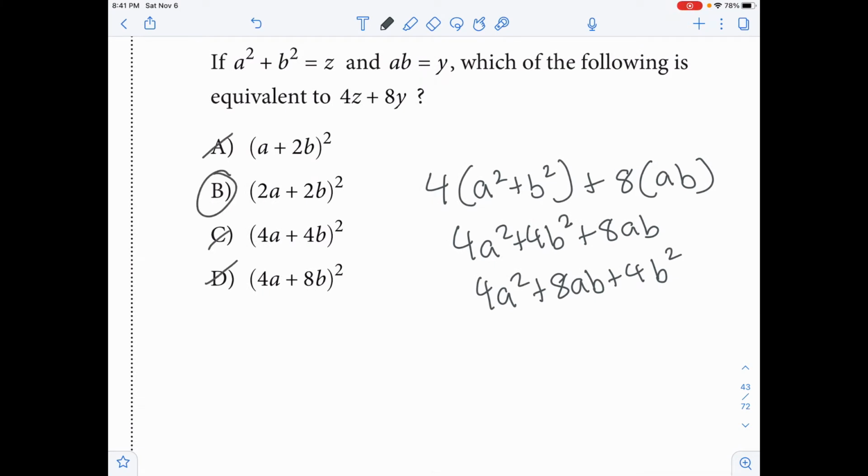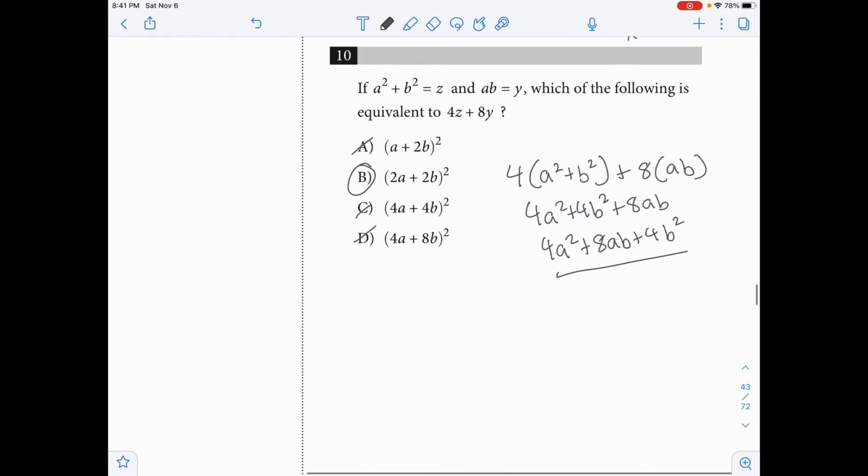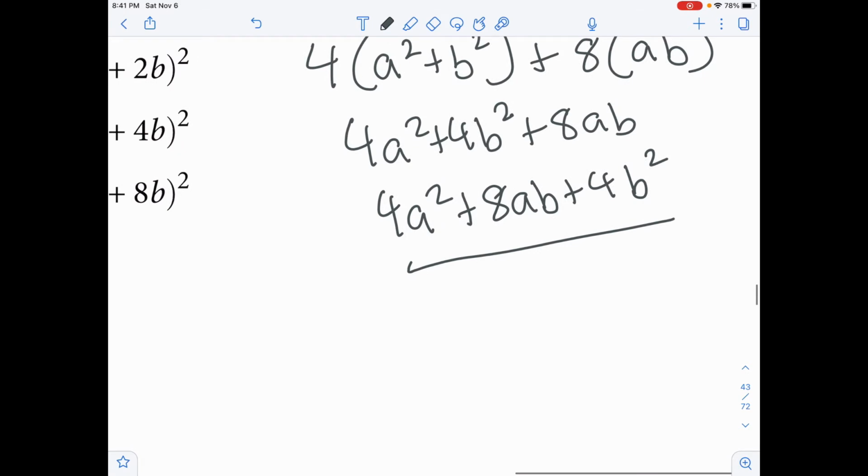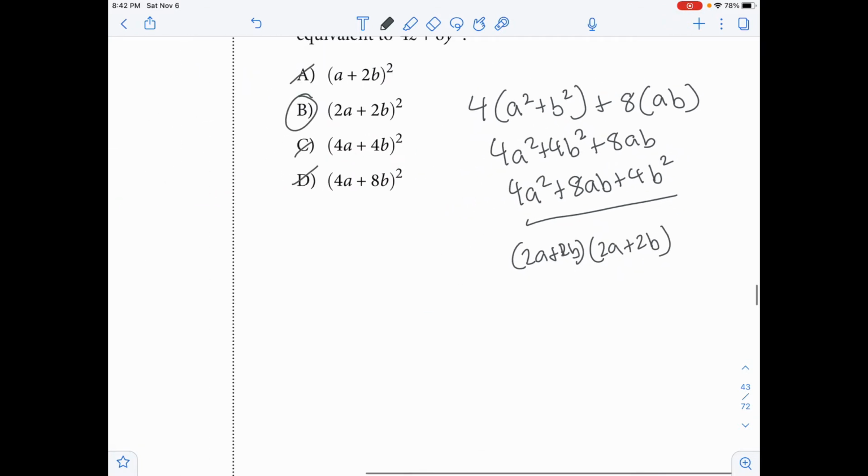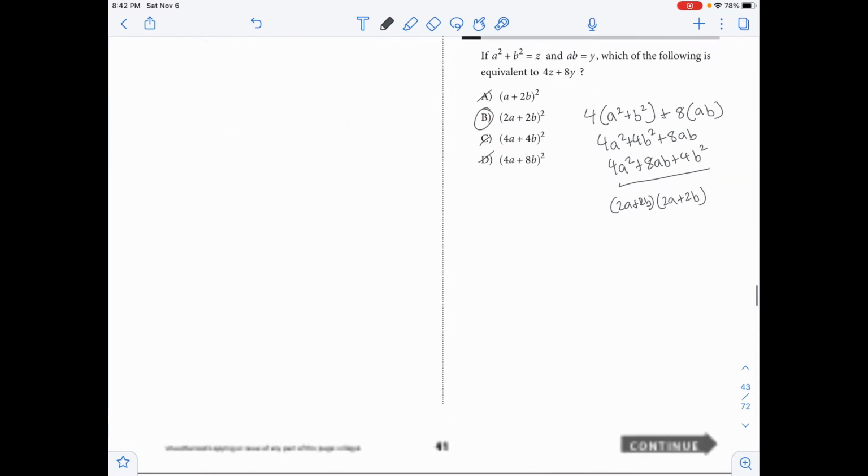So it has to be B, because if you expand that, that'll equal to this right here. Or you can factor this and you get 2a plus 2b times 2a plus 2b. And if you FOIL this out, you should get the same answer as above.